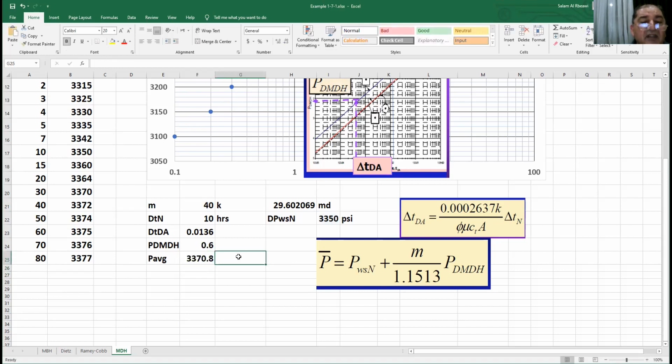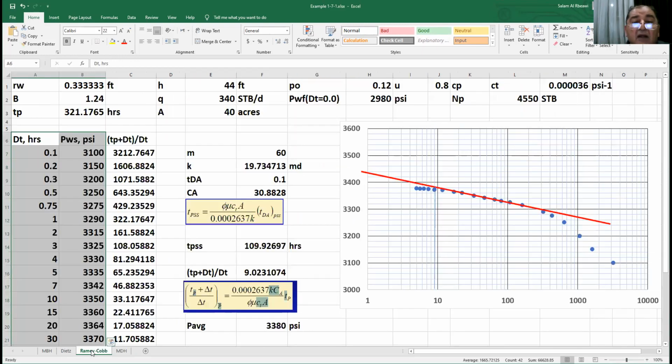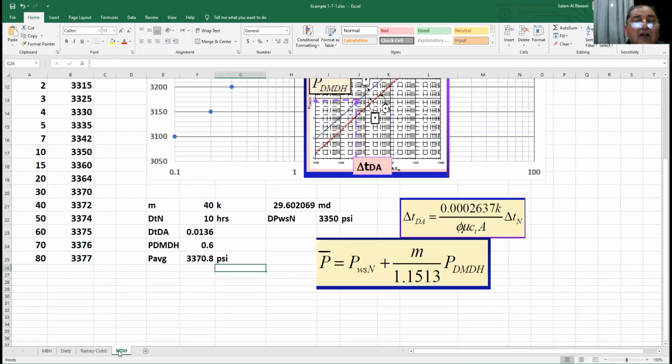So this is 3371 psi. So for the first one, from Matthews-Brons-Hazebroek we got 3386. From Dietz, we got 3362. And from Ramey-Cobb we got 338. From Miller-Dyes-Hutchinson, 3371 almost.